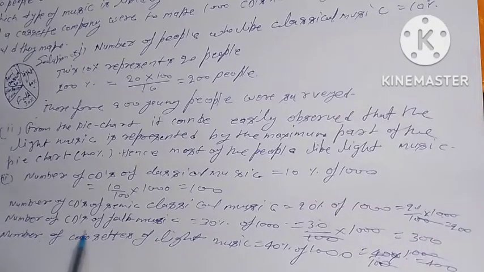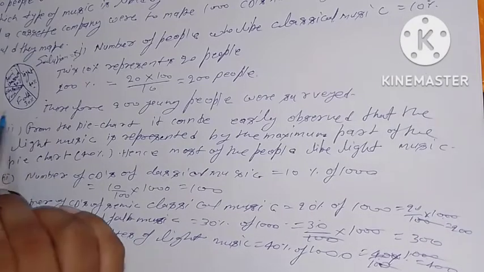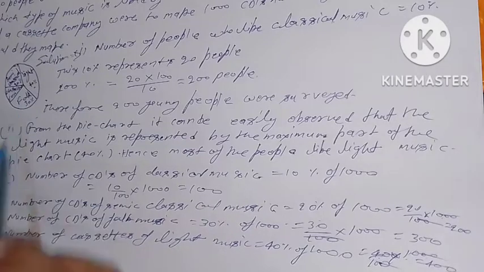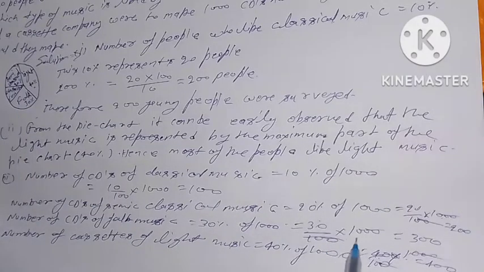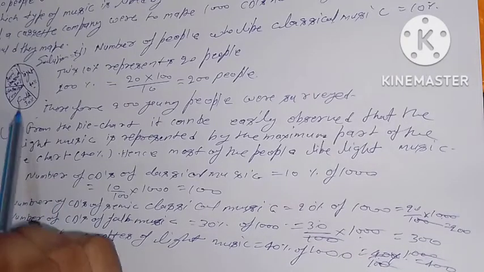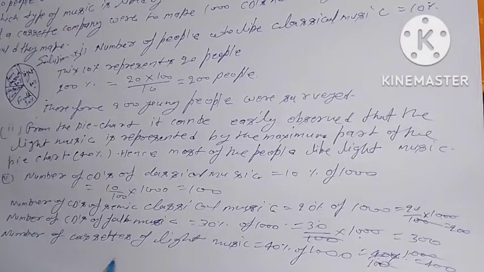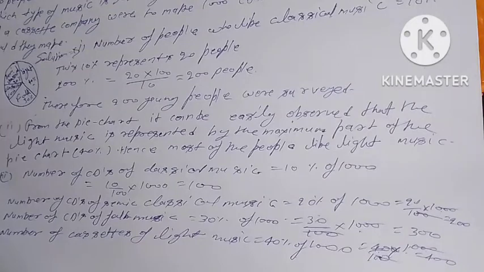And folk music is 30% of 1000, then 30 upon 100 multiply 1000 equals 300. And light music cassettes are 40% of 1000, equal to 40 upon 100 multiply 1000, equal to 400 cassettes. Okay, good. Thank you.